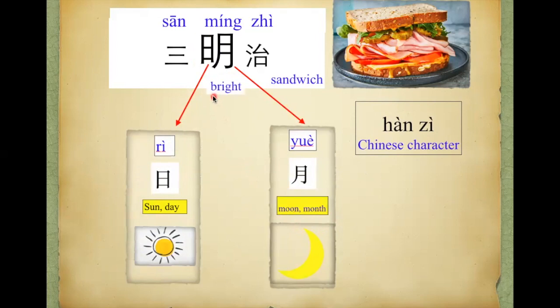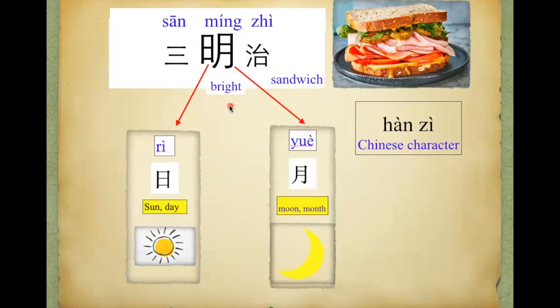When Chinese think about how to express bright, they thought, oh, the sun 日 is bright, and 月 also has light. Put together, they're bright. So they just put 日 and 月 together, create a new 汉字, which means bright.